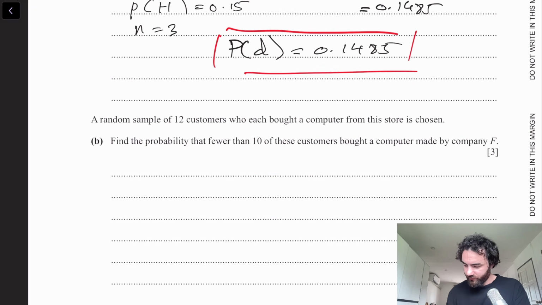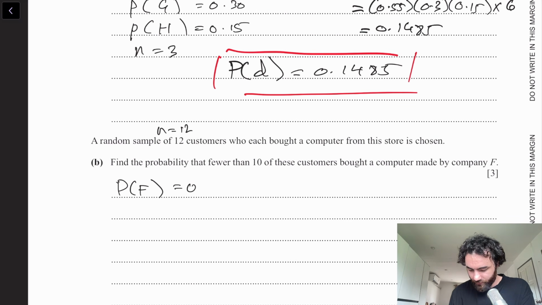A random sample of 12 customers who each bought a computer from the store. So now our N is 12. Find the probability that fewer than 10 of these customers bought a computer made by company F. Okay, so the probability F is what? 0.55.